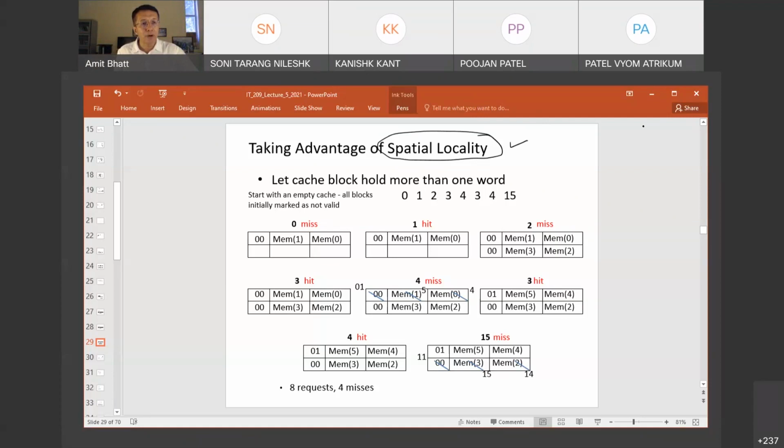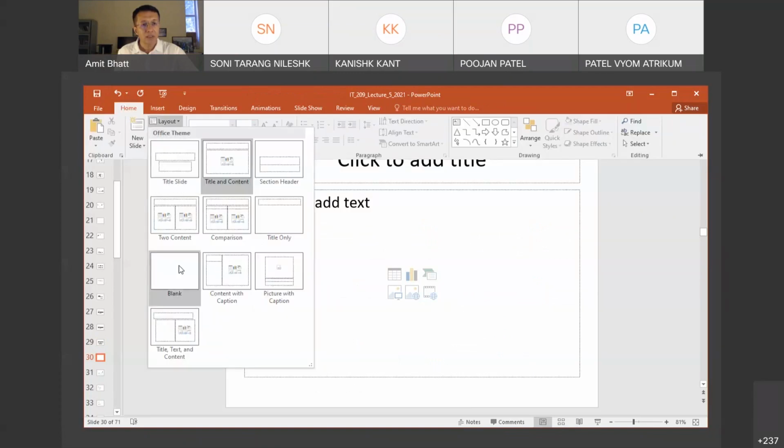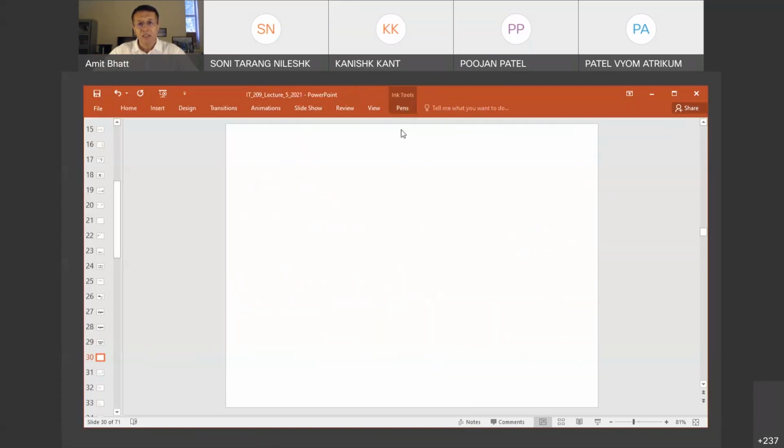And more importantly, we have understood the concept of block. This block is also called cache line. I mean, the different words in different literature. So people call it block and some call it cache line.